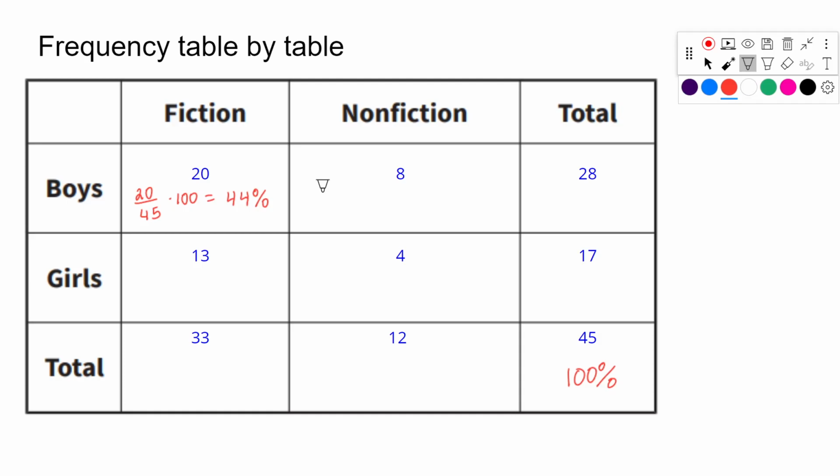Now I'm going to go ahead and complete the row for the boys, so 8 divided by 45 times 100 is 18%.